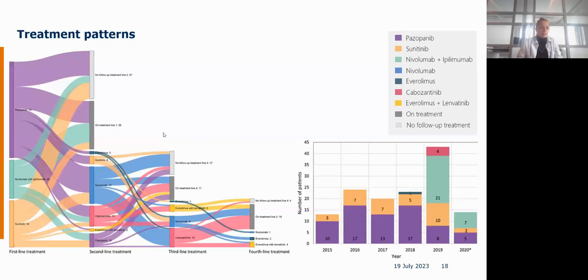It's good to see that patients can get multiple treatments actually. And you can also see on the right side that from 2019, new treatments such as nivolumab, since it was registered, are also given to patients. 2020 is low since the year wasn't finished, so not all the potential is used from that year. But I found it interesting because you can immediately see the change when a new treatment starts.